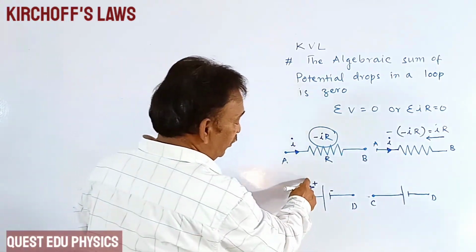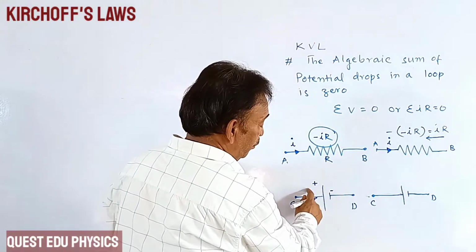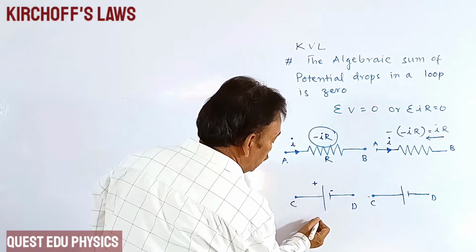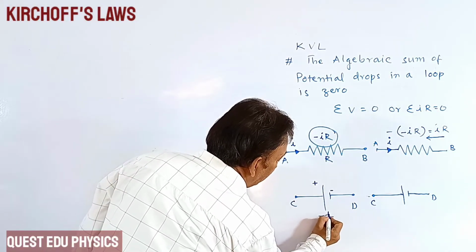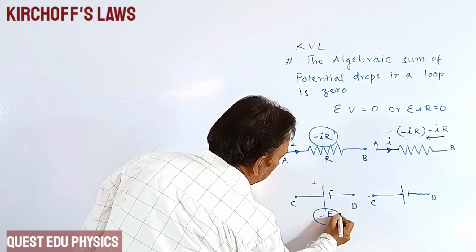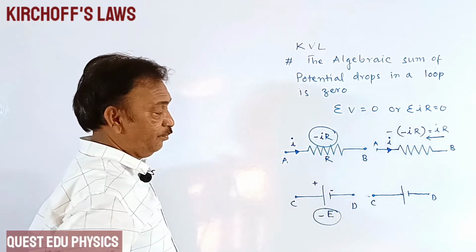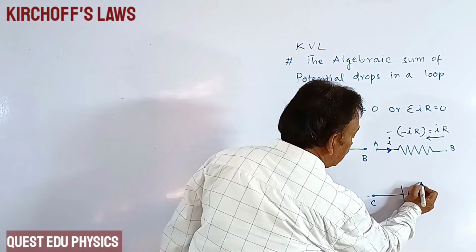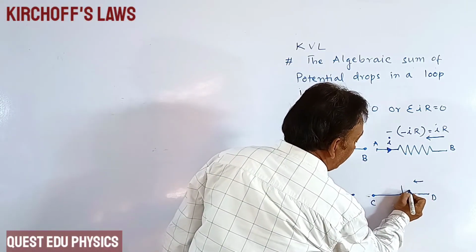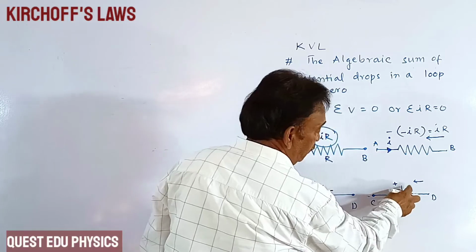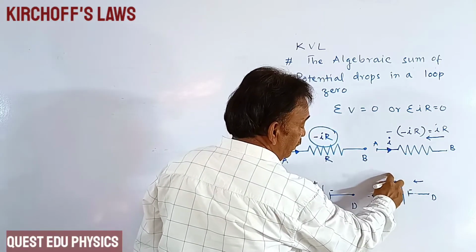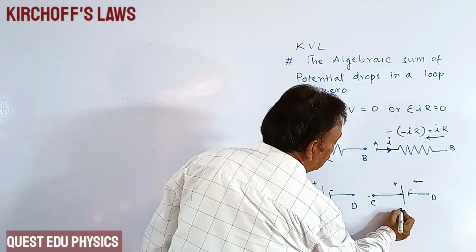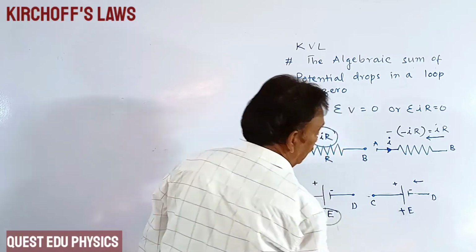You are crossing from positive to negative, meaning you are losing. So the EMF is taken as minus E. Here you are traveling in this way and you are rising from minus to plus, meaning increasing. So you have to take it as plus E.